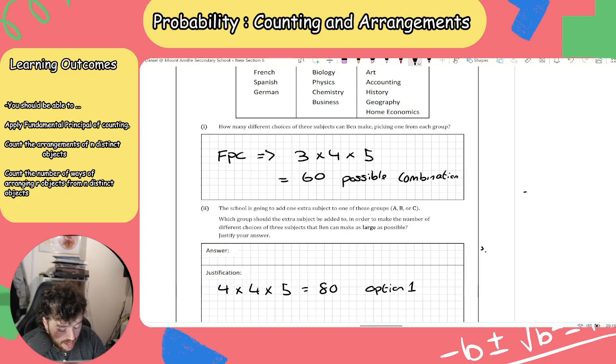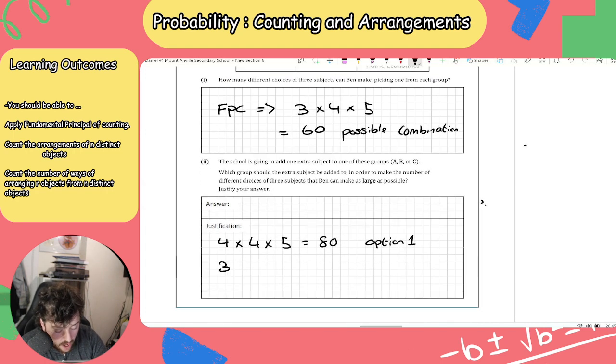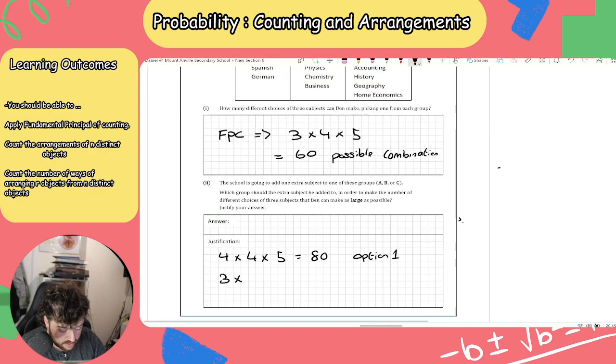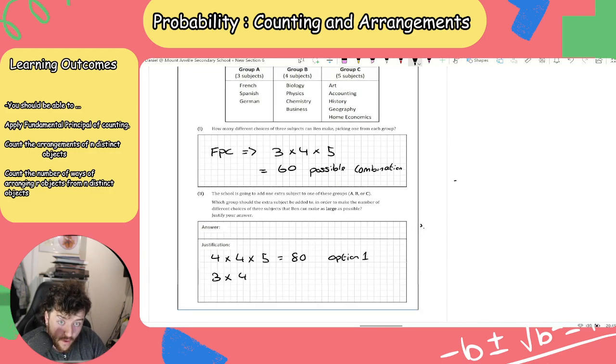What if I add it to B? I have 3 options for the first subject, 4 options for the second one, and I'm going to have 5 options for Group B. So 3 times 5 times 5 is 75. Okay, that's the last one here. If I add it now to Group C, 3 times 4 times 5 plus 1 more, which is 6.